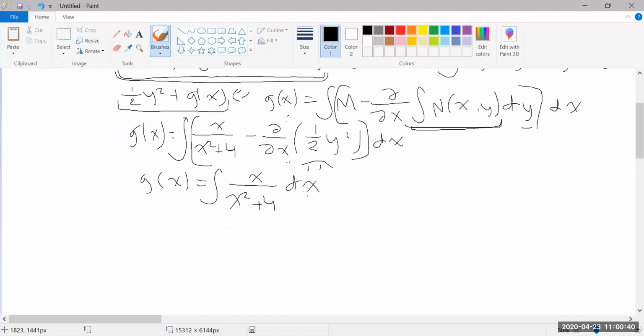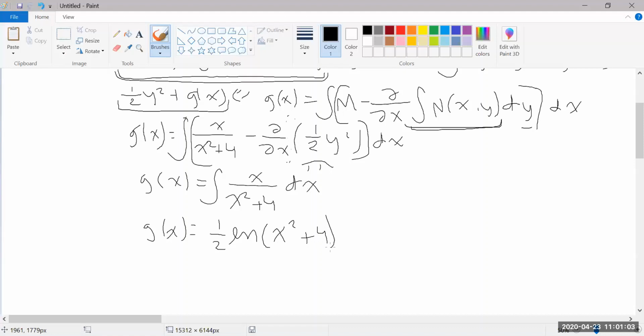And when you take that integral, you should get another natural log term. So you will get your g of x is equal to 1/2 times the natural log of x squared plus 4.